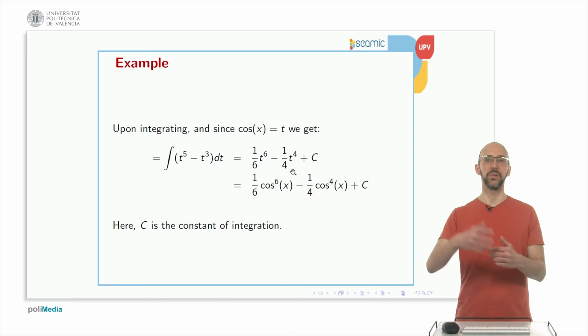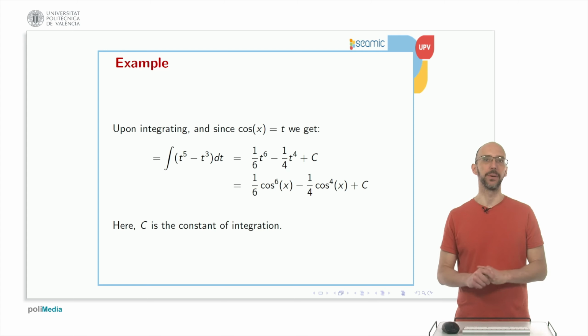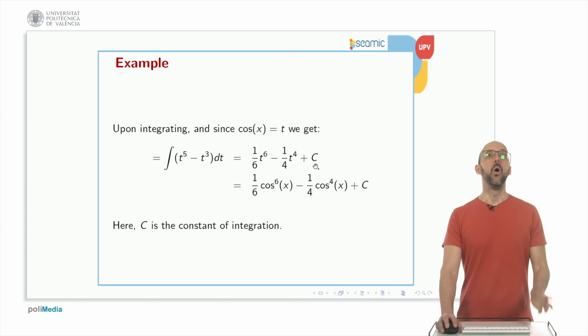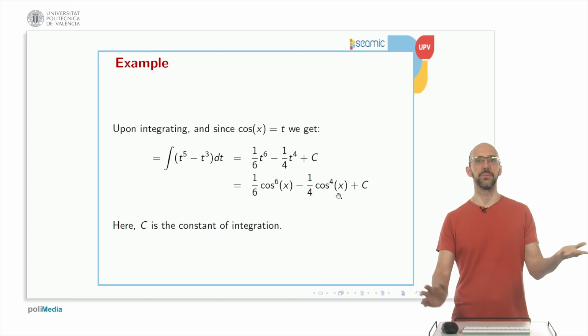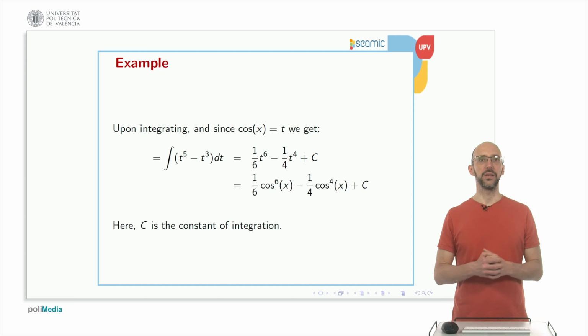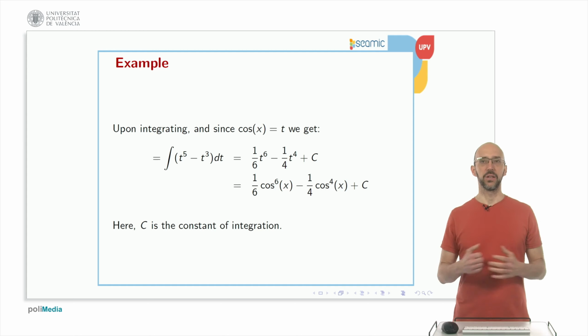We add 1 to the exponent and divide by the same number, plus a constant. But you applied the change at the first stage, so I change t back to cosine of x. That is the remaining solution, and c is the constant of integration.